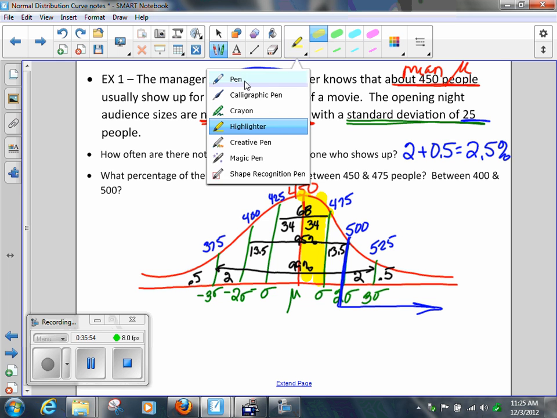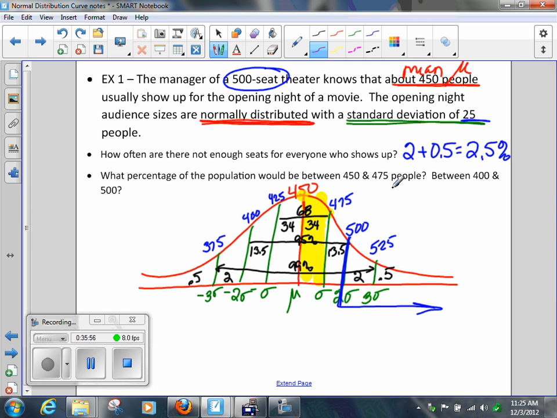All right, so between 450 and 475 people, it's 34%. Everybody agree with that? Yes.